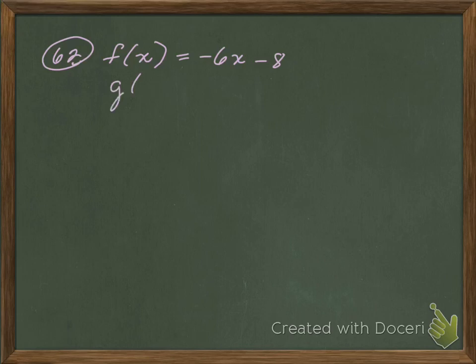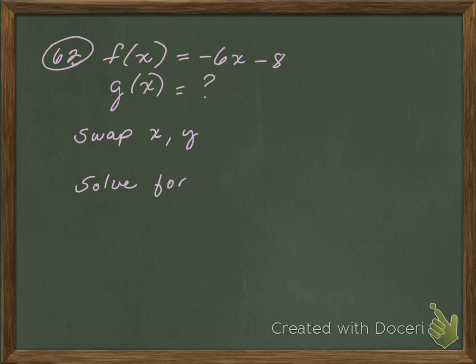They want to know, what is g of x? Remember, if f sends a to b, or in this case x to y, g is going to send it back. So what we're going to do is swap x and y, and then solve for y, and then we want to use function notation. So three little steps there.